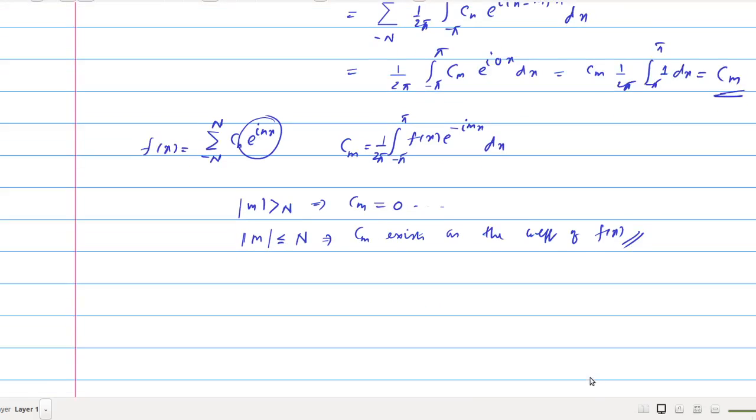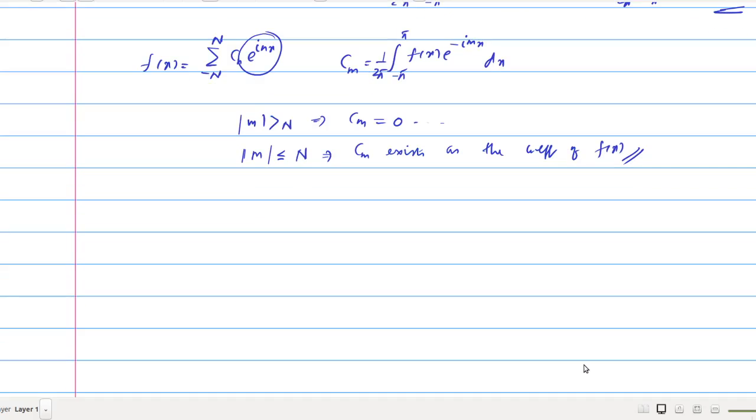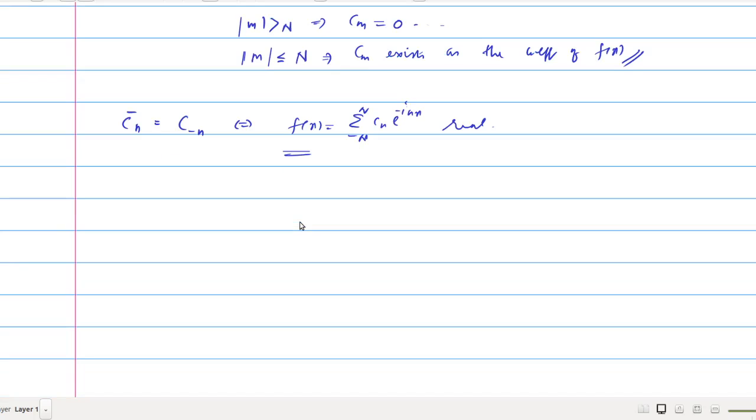Okay, so based on these discussions we can get some remarks. Whenever the c n conjugate is equal to c minus n, then you can get that polynomial as a real trigonometric polynomial. So in this case, this is if and only if f of x equal to summation from minus N to N c n e power i n x will be real. Okay, so this is one of the interesting observations, and we use this discussion to define a trigonometric series, rather than a trigonometric polynomial.